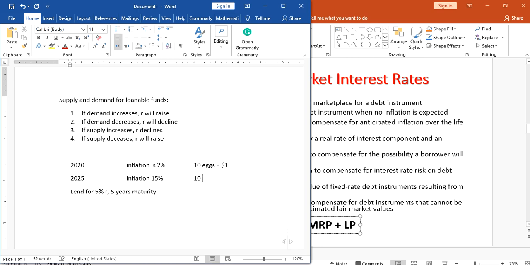But in 2025, 10 eggs equal $1.15. But the money which I get back is $1.05.